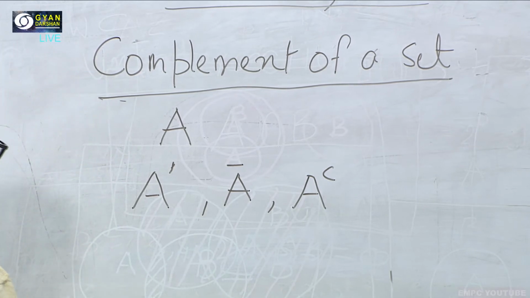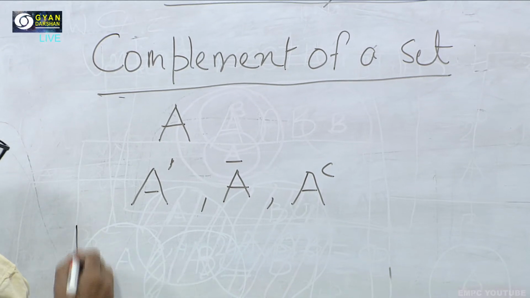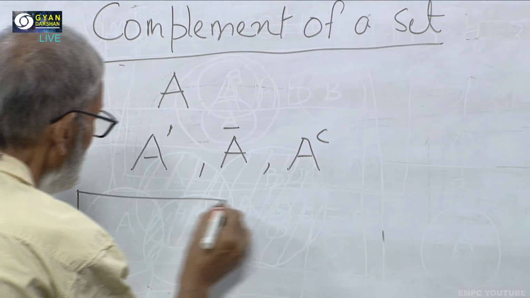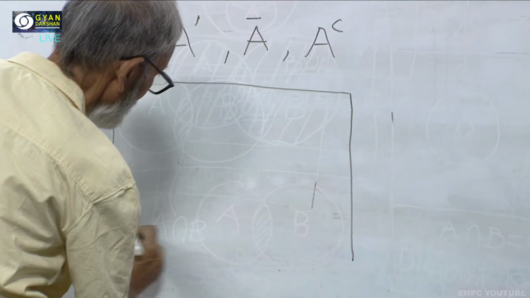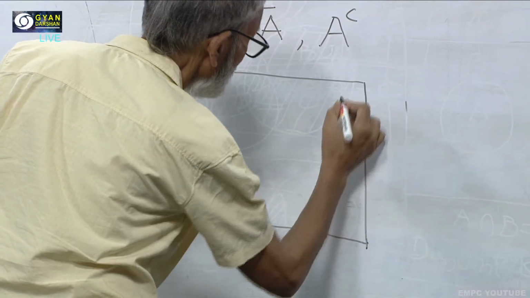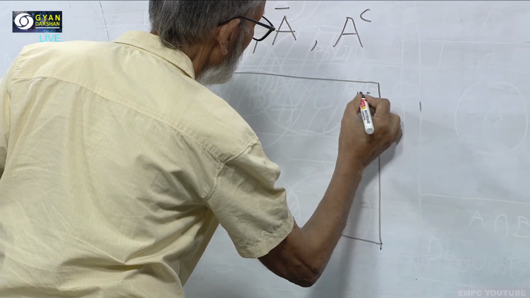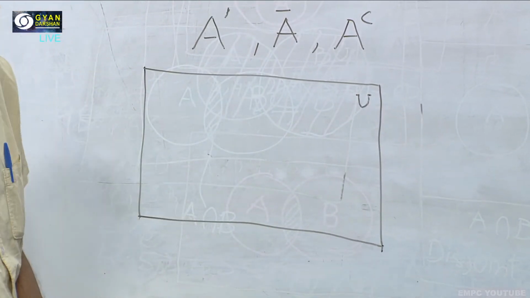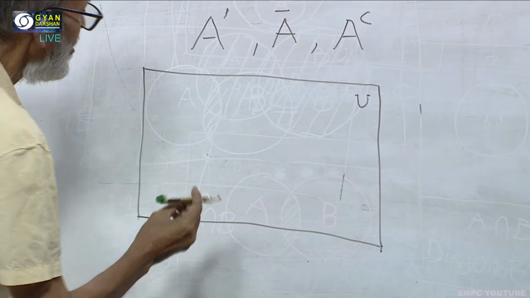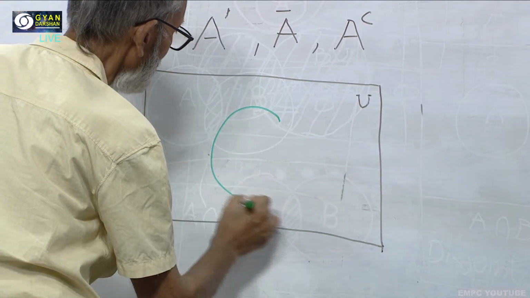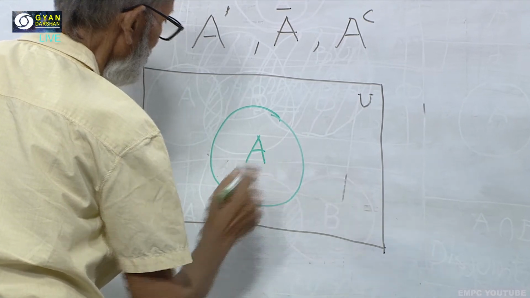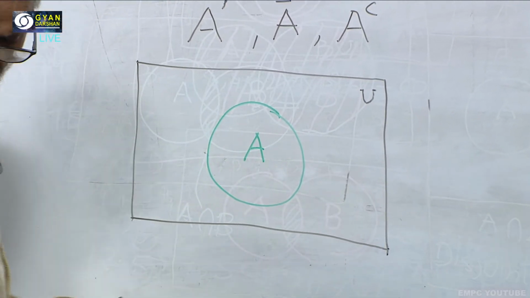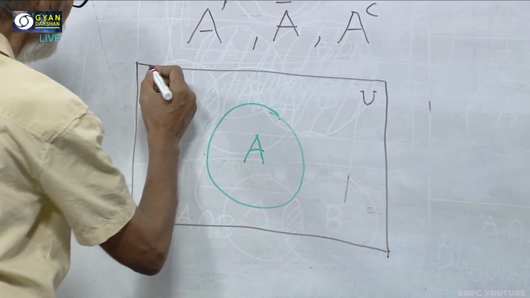Suppose there is a universal set and another set A is there. This is A. So, what about A dash?